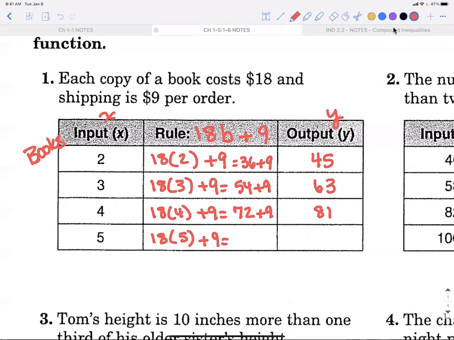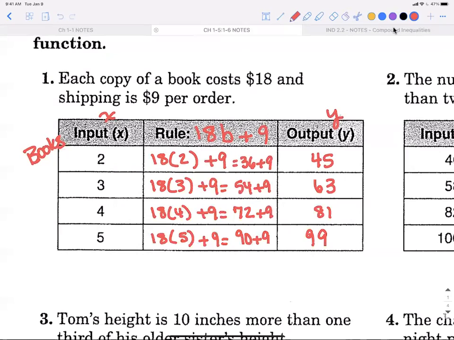And 18 times 5 is 90, plus my $9 shipping that's on every order, and I get 99. So I wrote a rule based on the story problem. I input all of my given X's, and I got the Y's that go with each X.